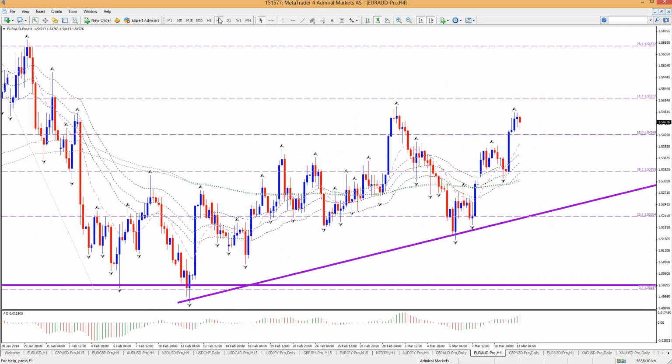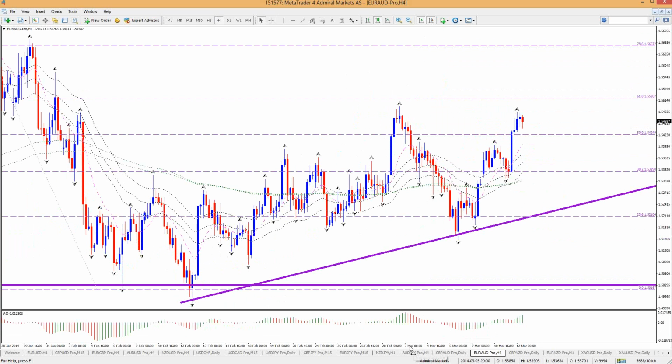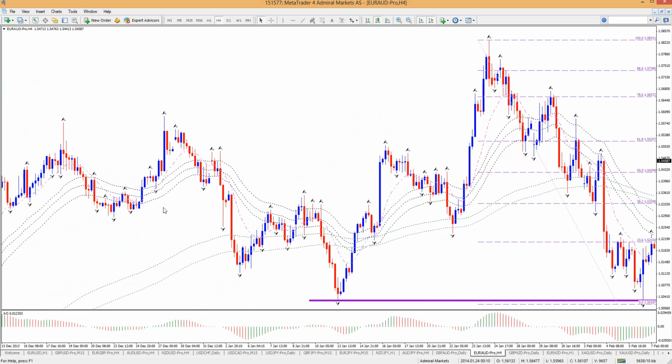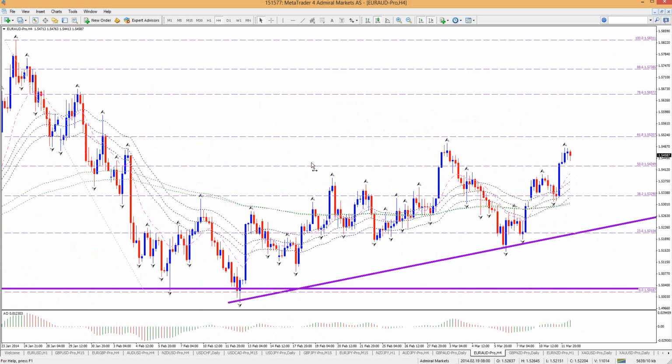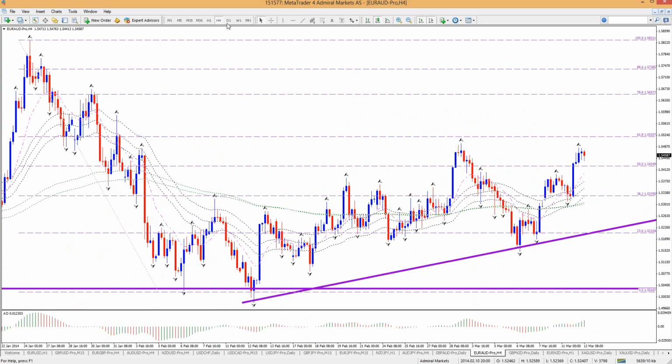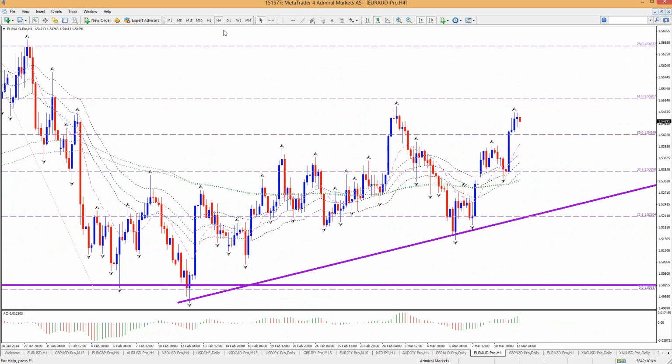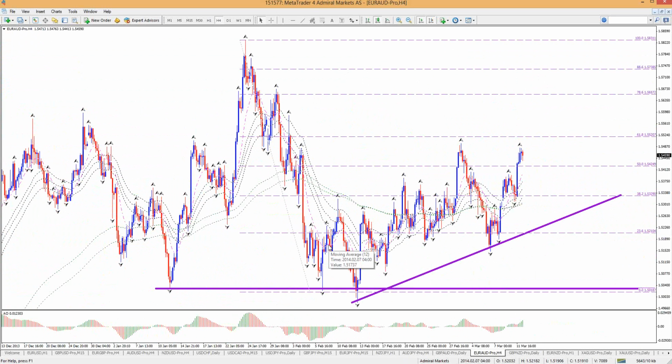So let's take a look at the 4-hour. Yeah, it is close to resistance.